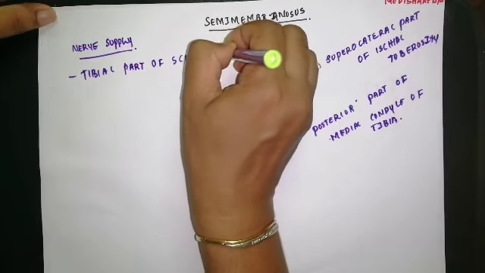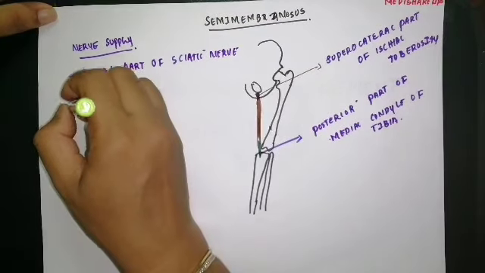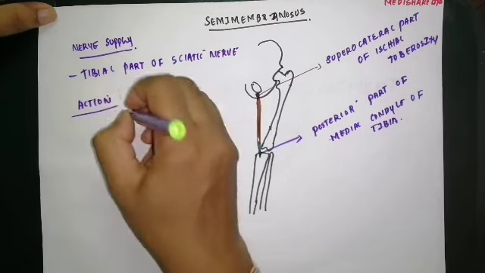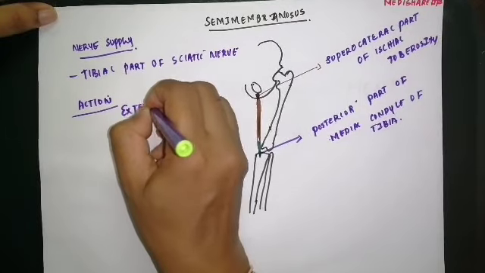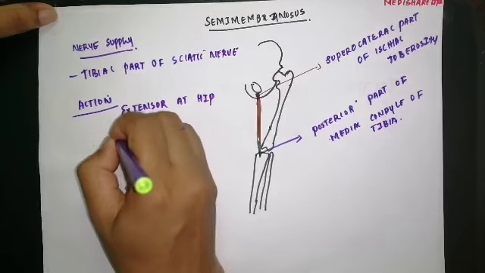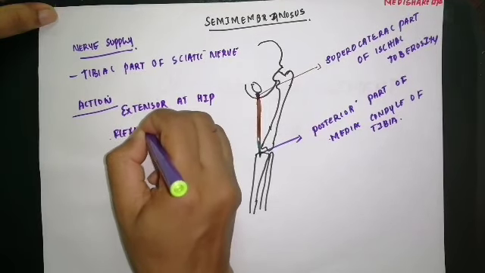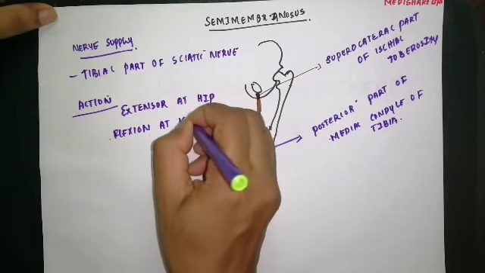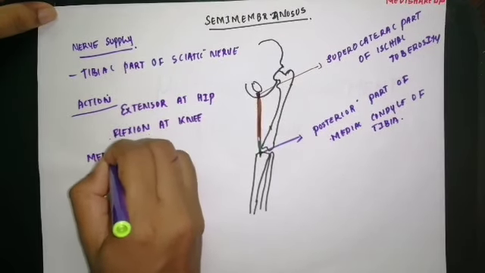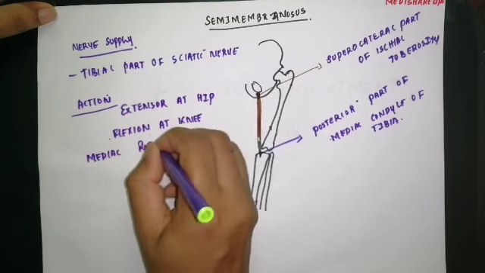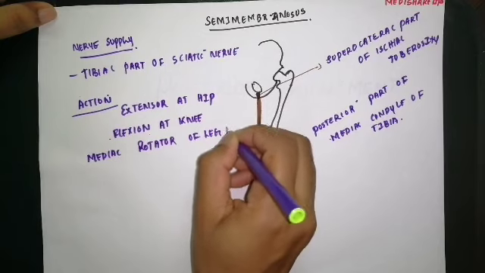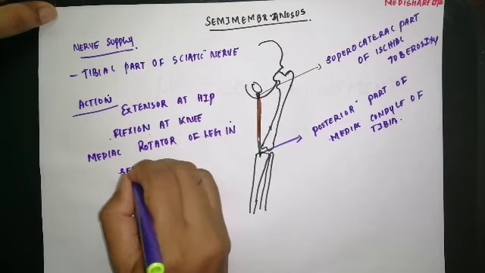Now the action of this muscle is the same as that of the hamstrings. The main action is that it is an extensor at hip joint and flexion at knee joint, and it is a medial rotator of leg in semi-flexed knee.